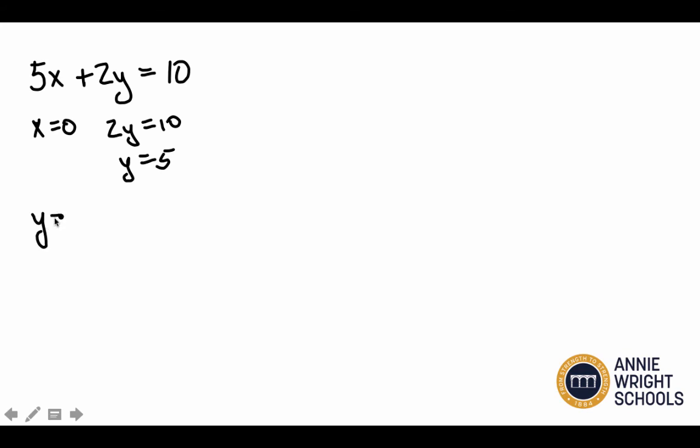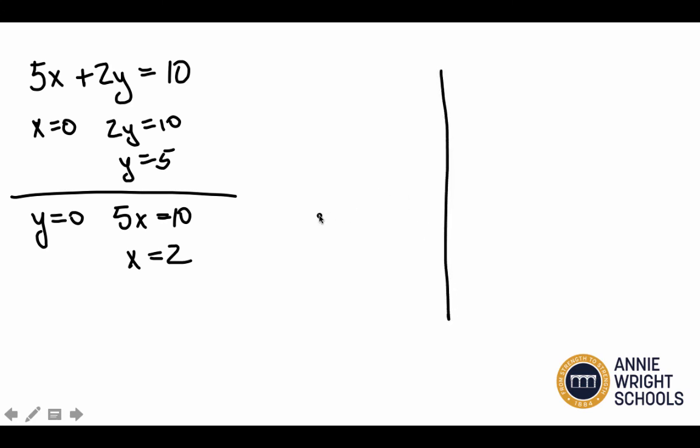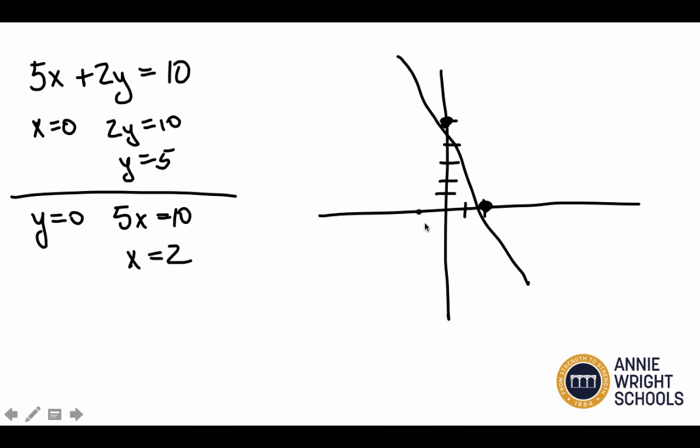If y equals 0, then 5x equals 10, and x equals 2. They don't always switch like that. I've just picked numbers that make it work that way. So now when we do this, we get 0, 5, and 2, 0. And then the slope is down 5 over 2.